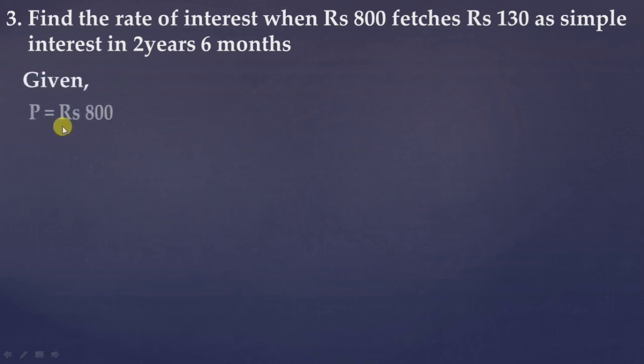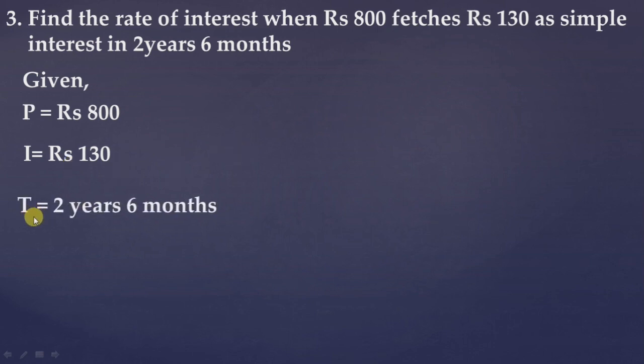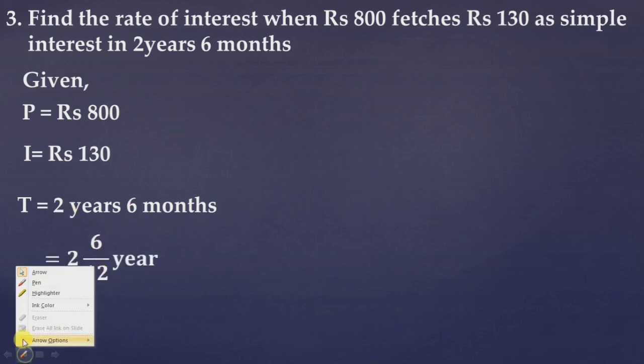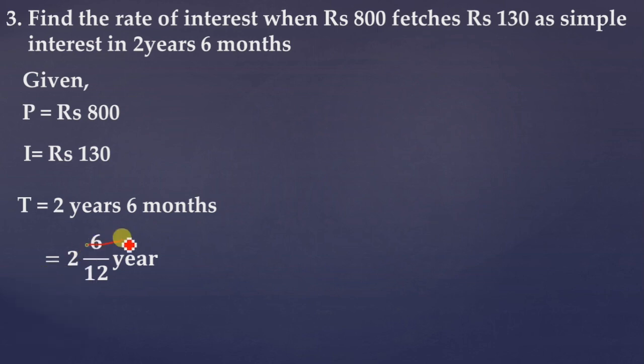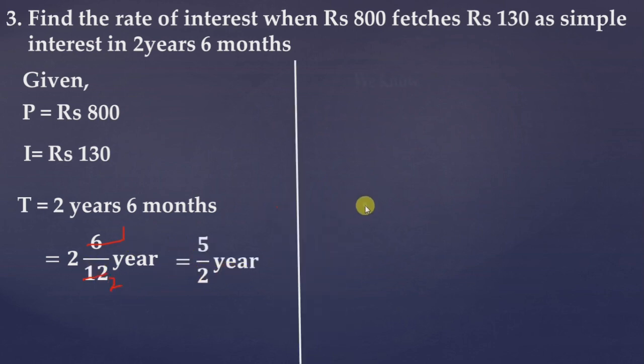Given principal is rupees 800, interest is rupees 130, time is 2 years 6 months. 2 years 6 months means 2 whole 6 by 12. So 6 1s are 6, 6 2s are 12, 2 2s are 4, plus 1, 5 by 2 years.